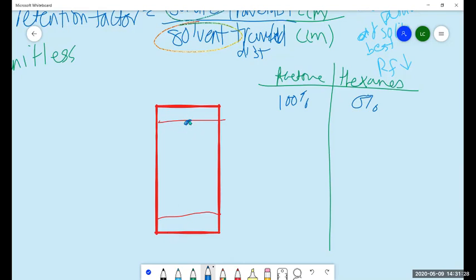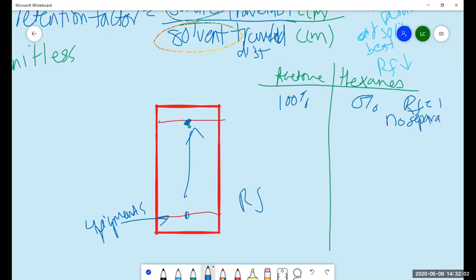Spinach has all 4 pigments in it, and you want to separate out the pigments, but you would realize there was no separation, it just went straight up. You probably got an RF of like 1. So RF of 1, no separation, everything just eluted.